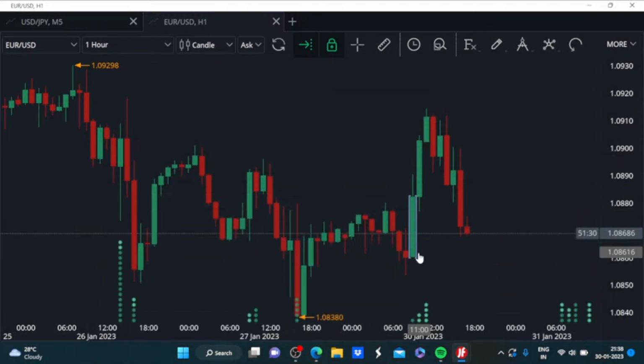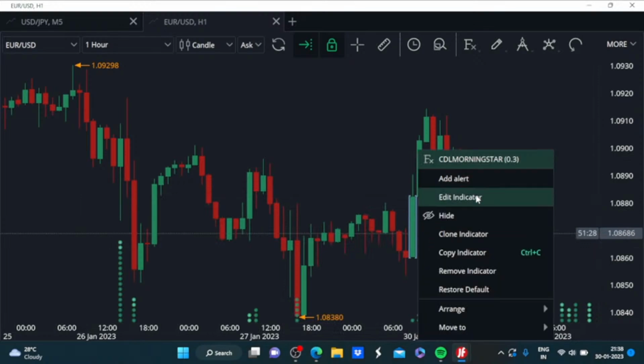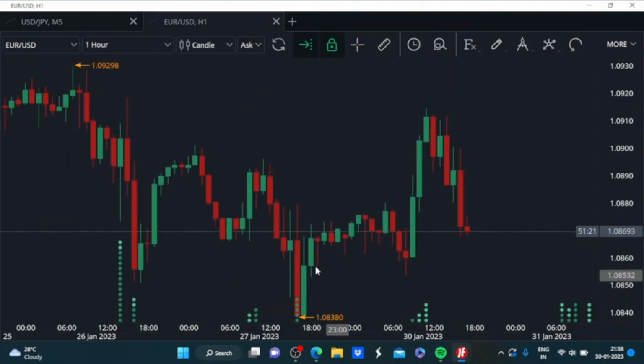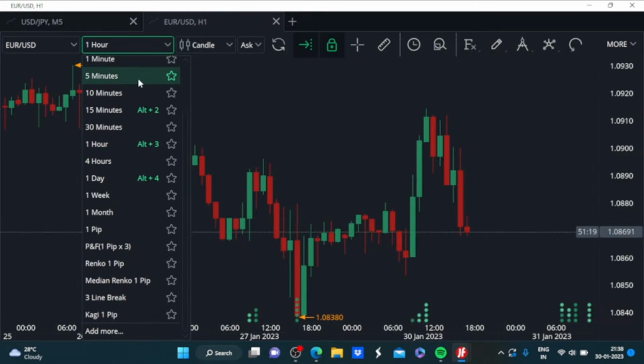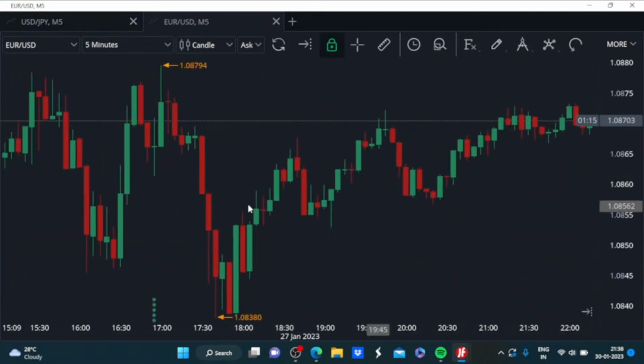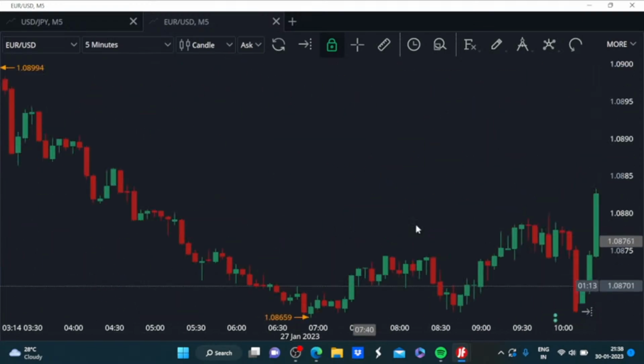And now if I increase it to 6, let us see. Okay, and we will have to go to a lower time frame because it's a rare formation, it's not going to form that frequently.